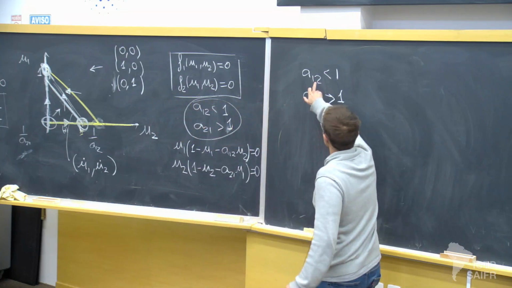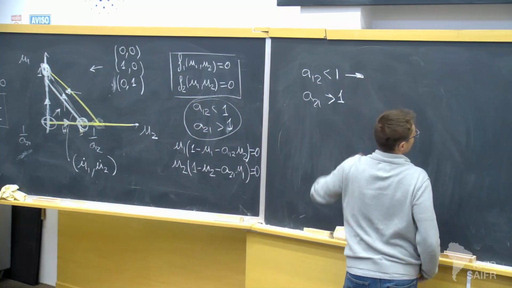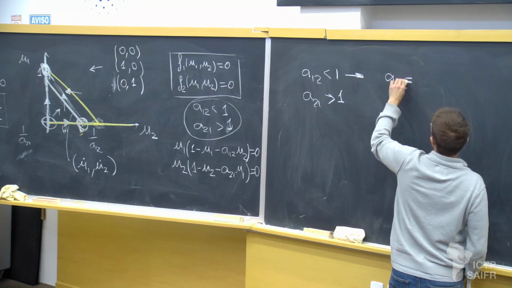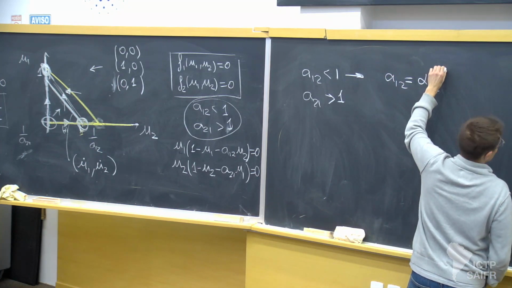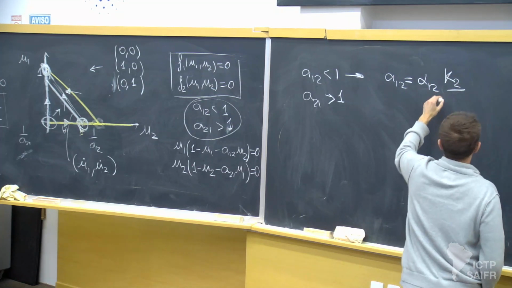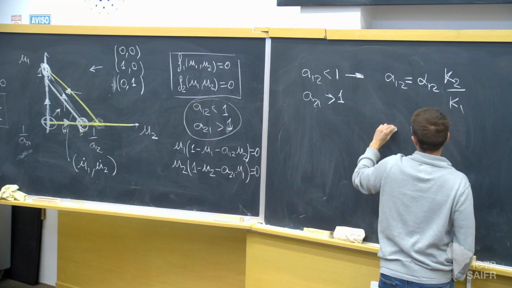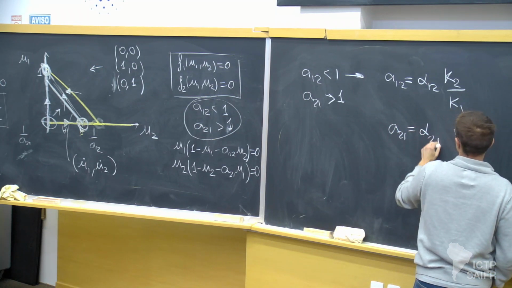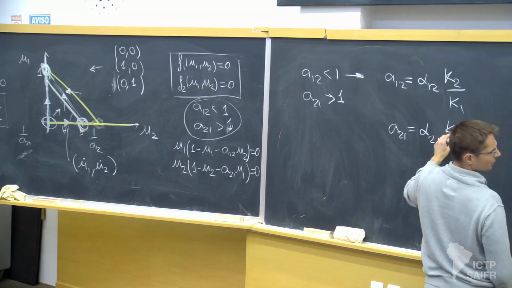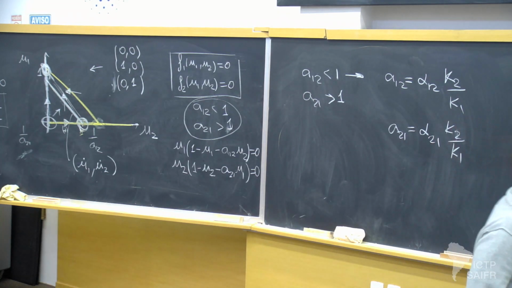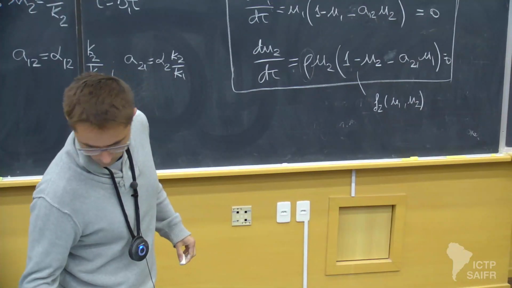So going back to the original parameters, A12 is equal to alpha... it is the other way, right?